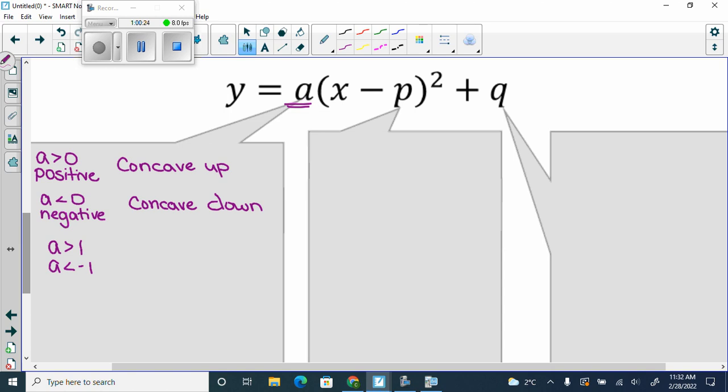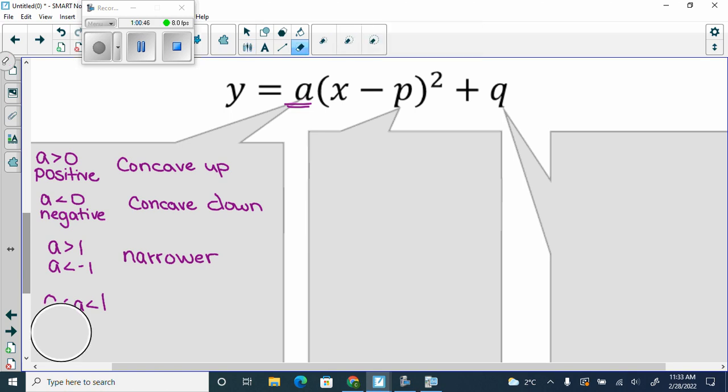So if A is greater than 1, the graph is what? Narrower, right? If it's between 0 and 1, or technically 0 and -1, it's wider. I'm just going to leave it as this because it gets confusing when you add the negatives.